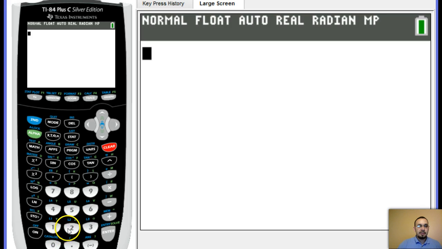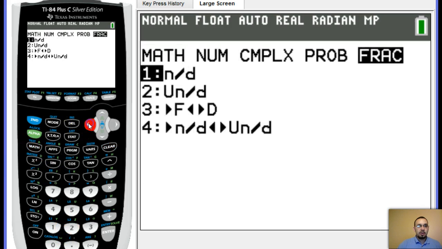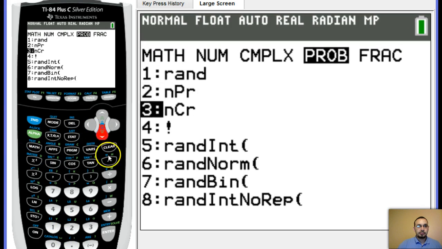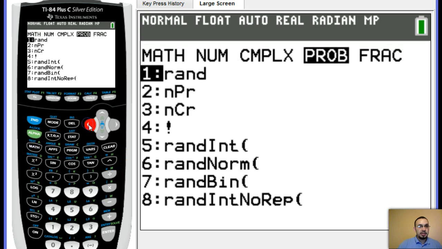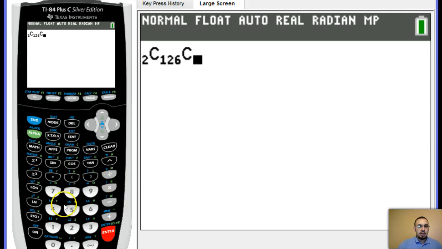So the way we would punch this into our calculator would be, let's kind of clear this up. We have to choose one of those colors. Here's my 1. I'm going to scroll to the right. So make sure you get out of the sub index here and scroll to the right. And we have 26, choose. So I'm going to go to probability. I'm going to choose 5 of those.